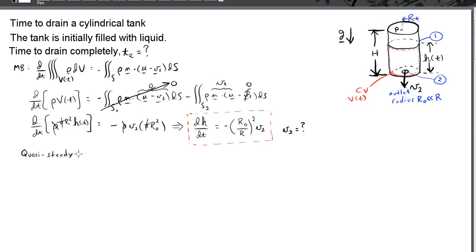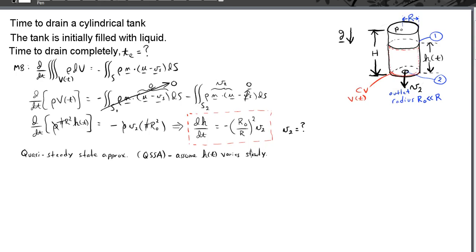So this is what's called the quasi-steady state approximation, abbreviated QSSA or QSA, or sometimes just SS, but quasi-steady state approximation. What that means is we assume that h of t varies slowly.